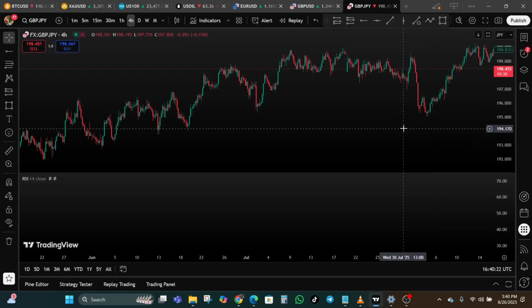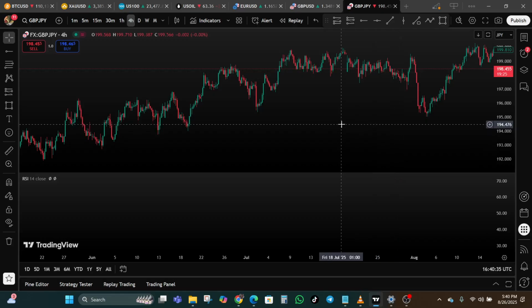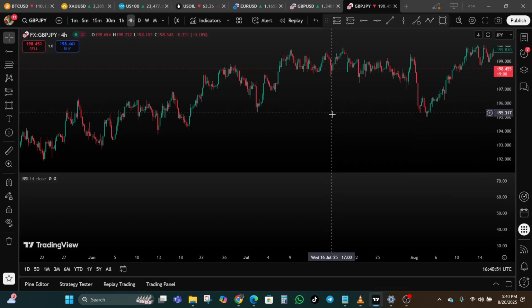That's going to be a bullish divergence, signaling that the strength of the bulls is returning. Divergence is important because it highlights that what the price is showing on the chart does not align with actual momentum, and that is often a clue that a reversal or at least a pullback could be on the horizon.